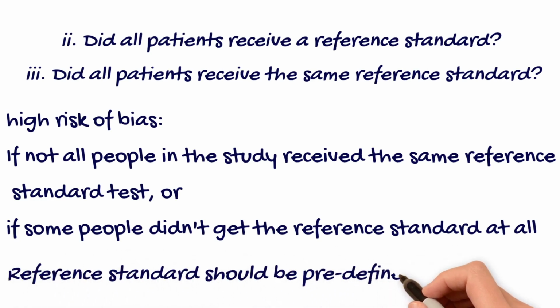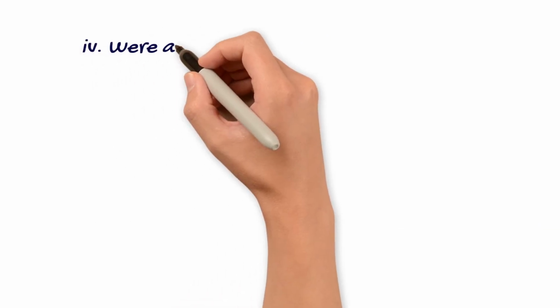The decision to use the reference standard should be made before the tests are done and should not depend on the person's condition or the treatments they are receiving. If the decision is influenced by these factors, it can affect the accuracy of the test results.